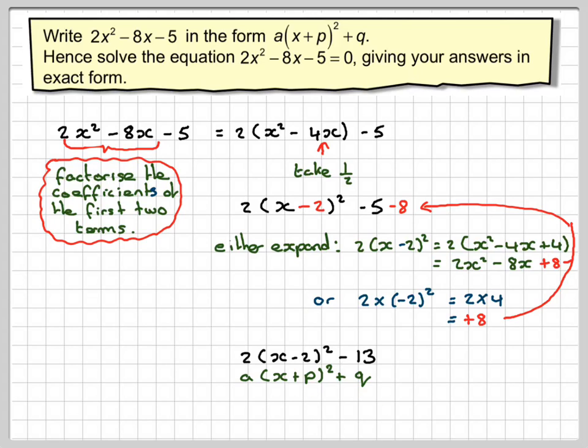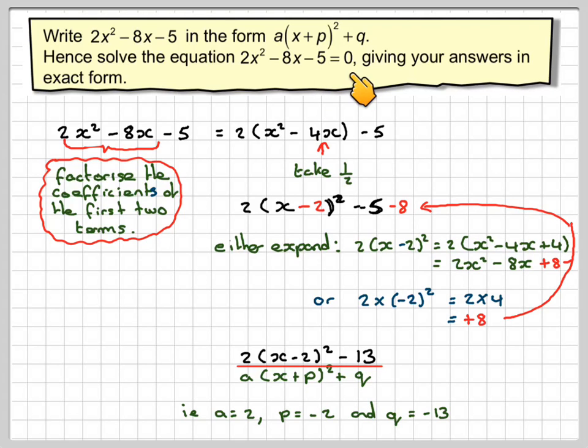If you were asked to state the values of a, p and q, a would be equal to 2, p would be equal to −2, and q would be equal to −13. Now, geometrically, this also has a meaning when you're sketching a quadratic, but we can look at that in a later video. Right, so the answer to the first part is 2(x − 2)² − 13.